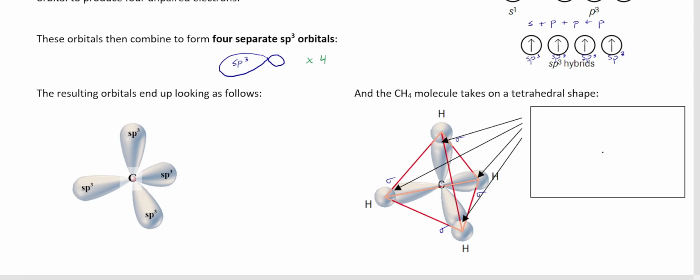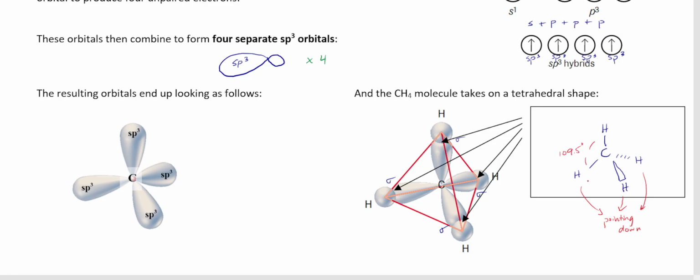Methane looks like this when we draw it with its stick and wedge diagram. We have one hydrogen coming up, and one hydrogen along the side on the same plane. We do a triangle for a hydrogen coming forward, and a dotted line for a hydrogen going backwards. Important to note that these three hydrogens should be pointing down, and this hydrogen is going up, and the bond angle here is 109.5 degrees.